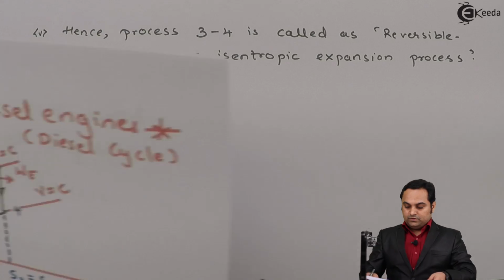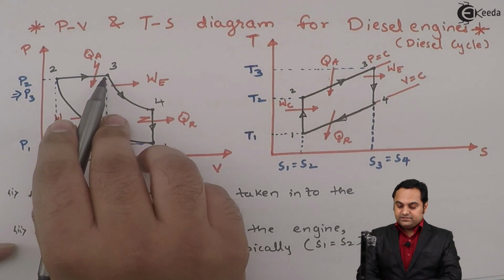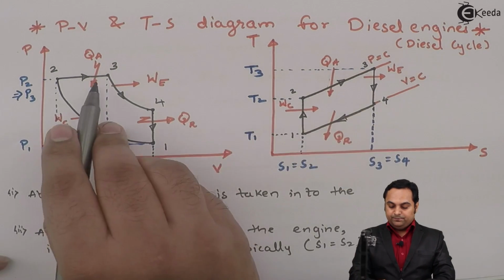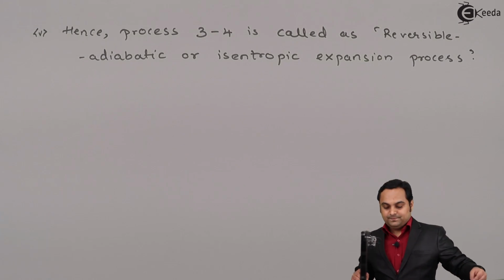Now process 3 to 4 indicates the reversible adiabatic or isentropic process, as I have shown on the PV and TS diagram.